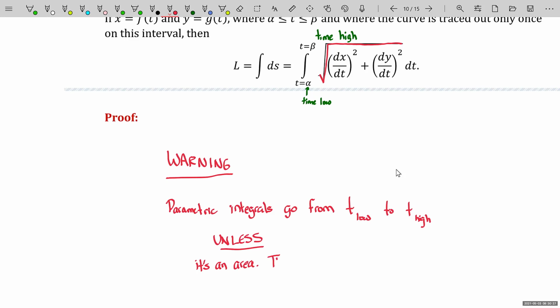Those go from x low to x high, and the time associated with x low might be greater than the time associated with x high in those cases. So that's just a heads up. A good rule of thumb: integrate from time low to time high unless you're finding the area underneath the curve. That's x low to x high.